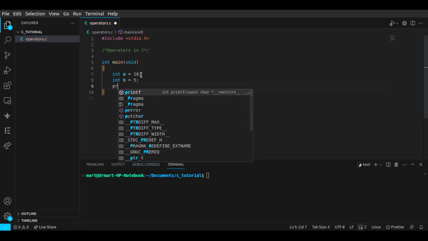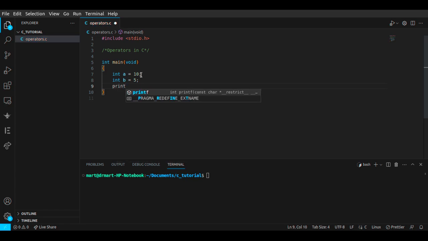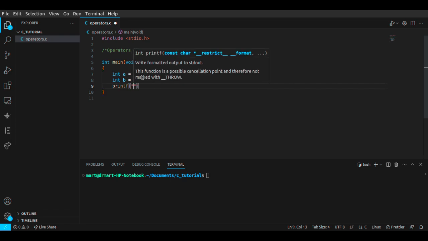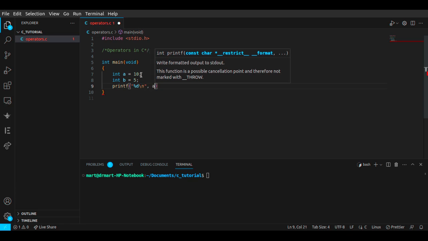Let me go ahead and print an output. Let's use printf with %d and then a new line. Right here we just want a plus b.